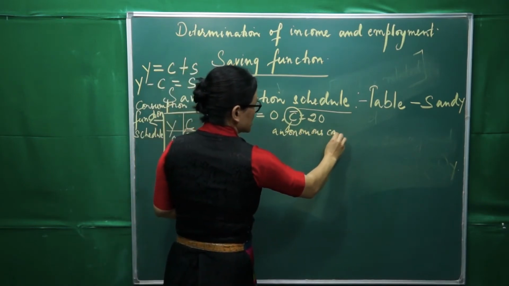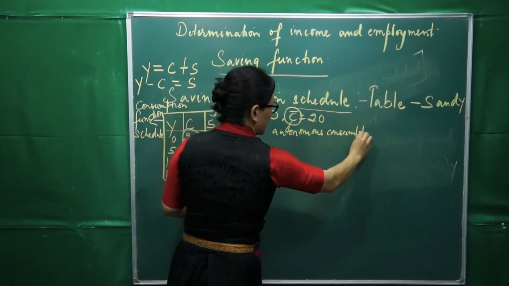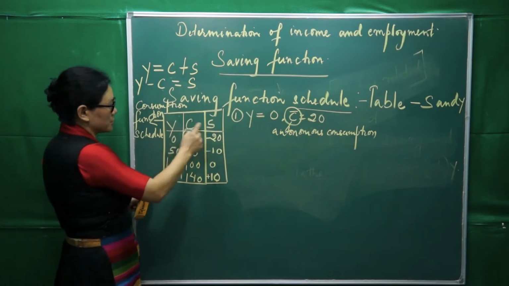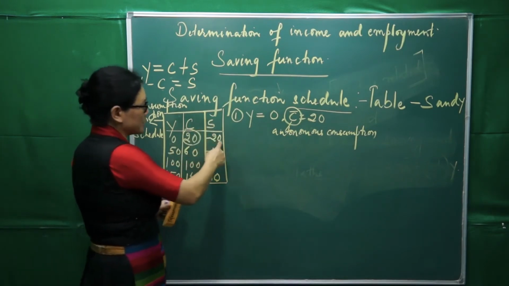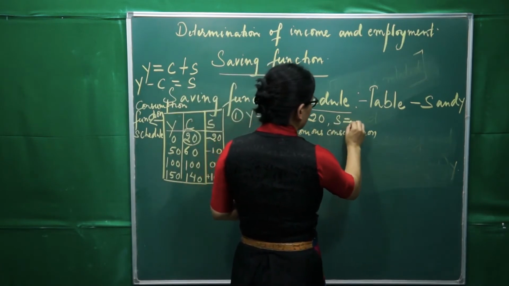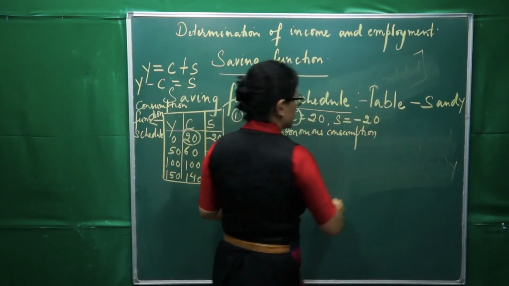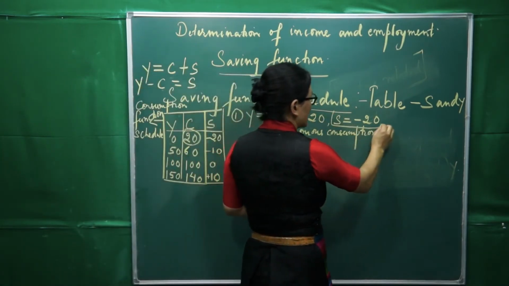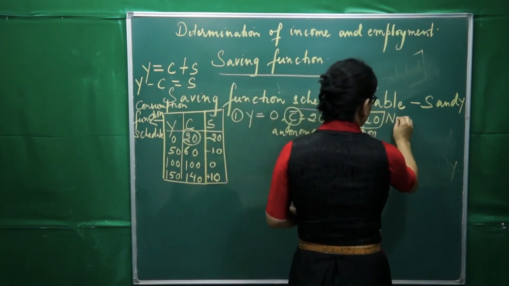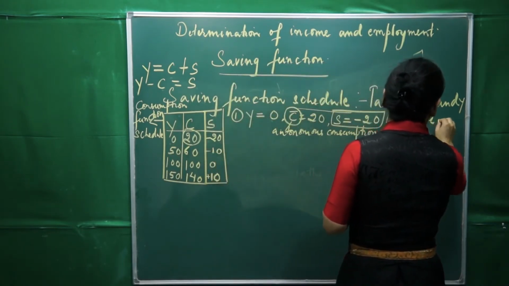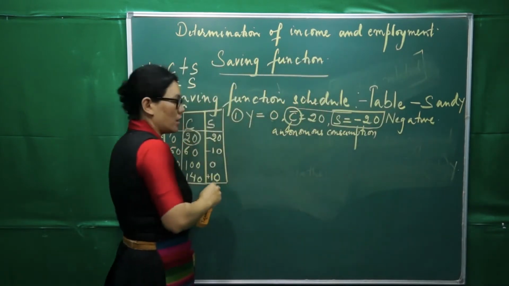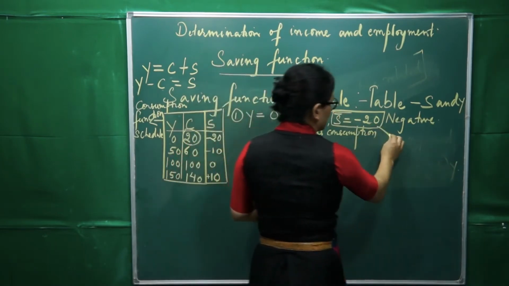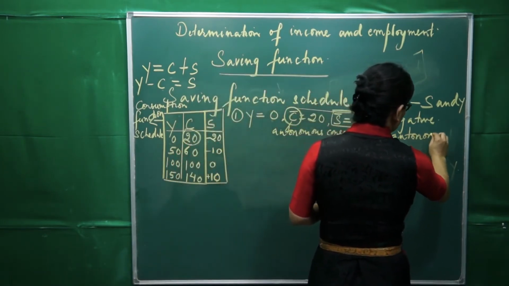We have to study the relationship between these two. What is happening to saving? Saving is becoming negative here, which is minus 20. So when income is 0, saving will become negative. We can also call this autonomous saving.